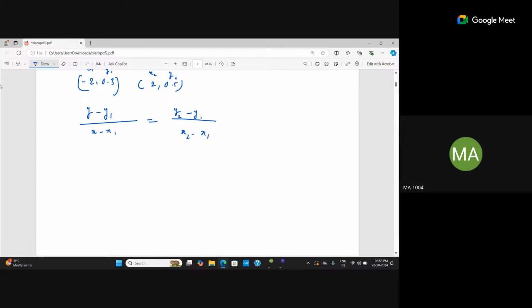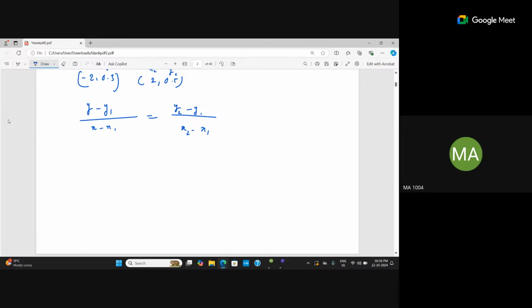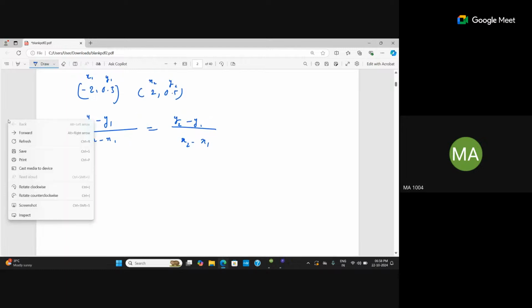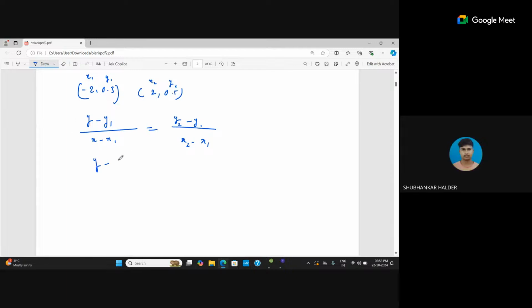Now put the values and find the equation of the line. So y minus 0.3 divided by x plus 2 equals 0.5 minus 0.3 over 2 plus 2. I have just put the values here.